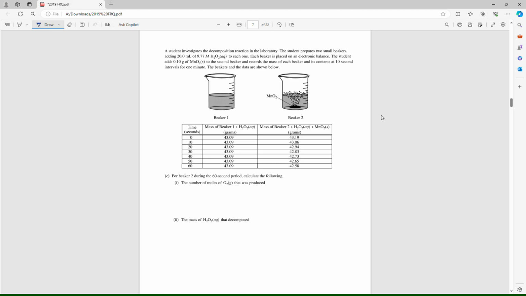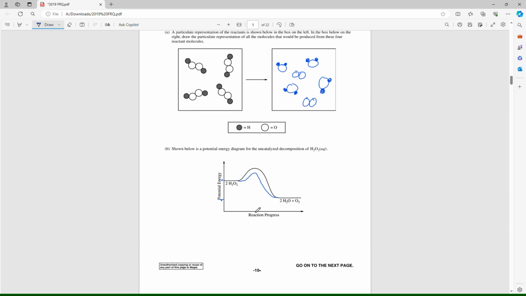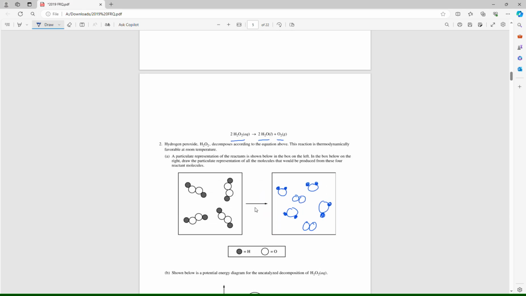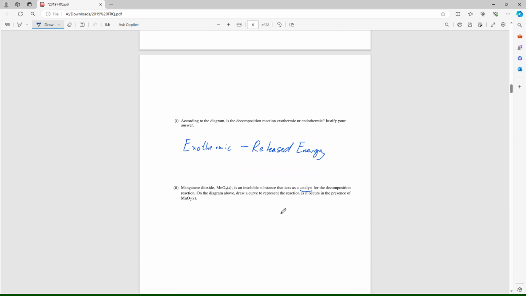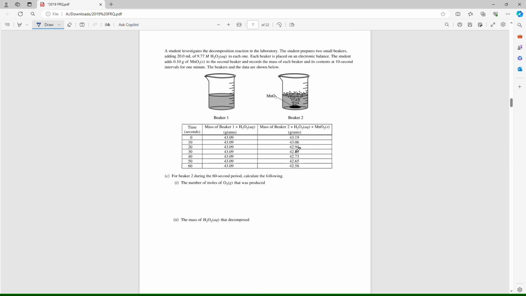Great. So the only source of mass lost is going to be from the oxygen gas. 2H2O2 is becoming a liquid and then the gas. So for these beakers to lose mass, it has to be oxygen gas. So only O2 is our source of mass lost.